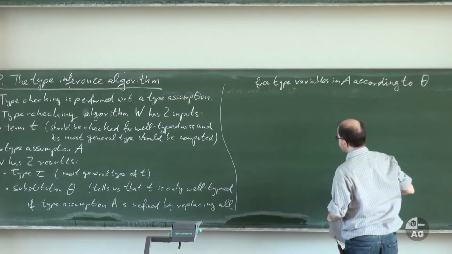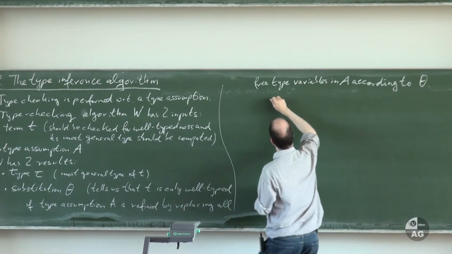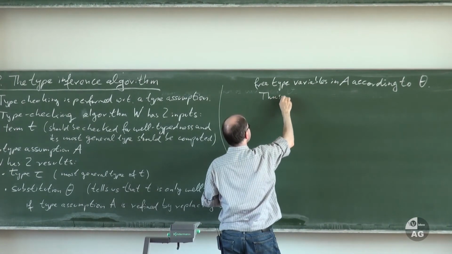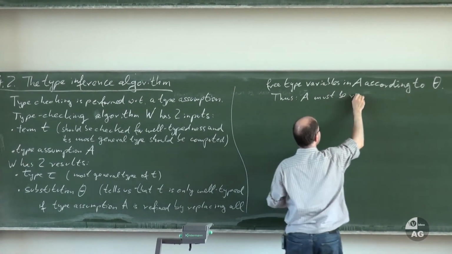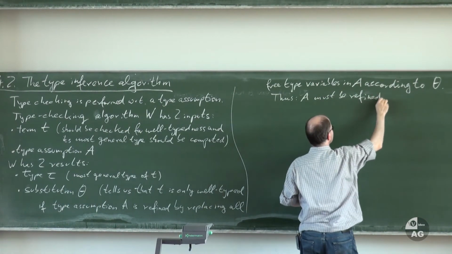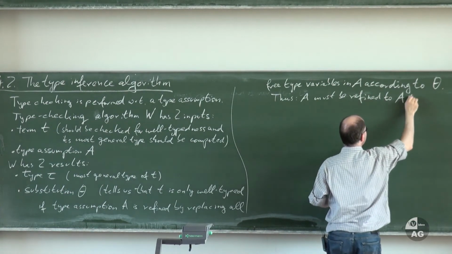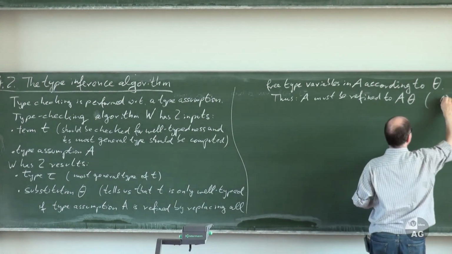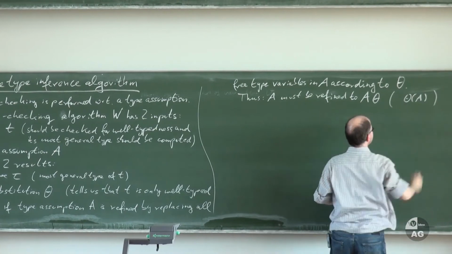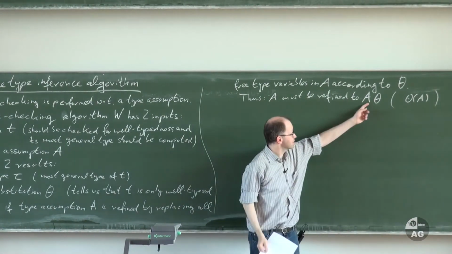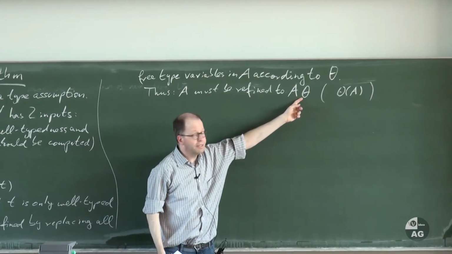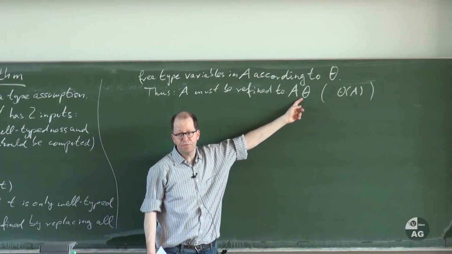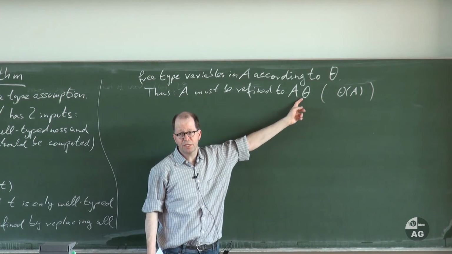So in other words, we say that A must be refined to the new type assumption A theta, or you might also write theta of A. And the meaning is whenever there's a free type variable in this type assumption, then theta tells us that this free type variable has to be instantiated.